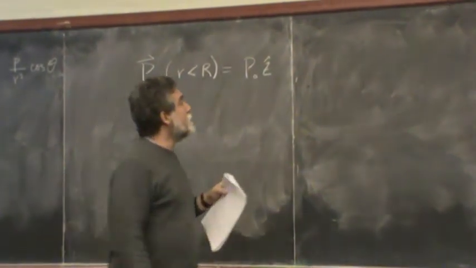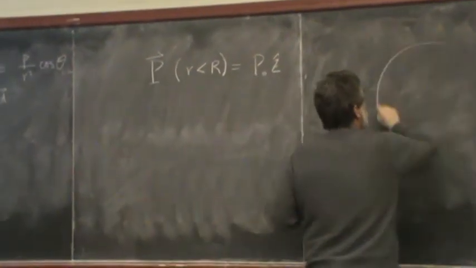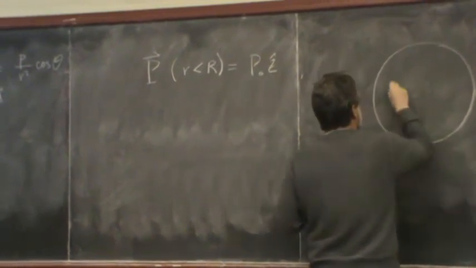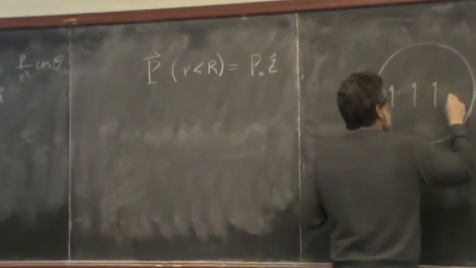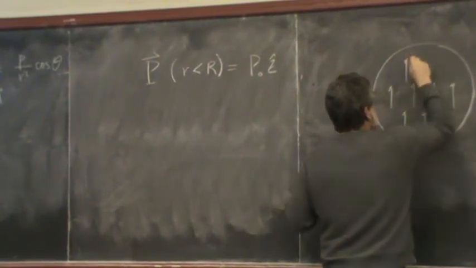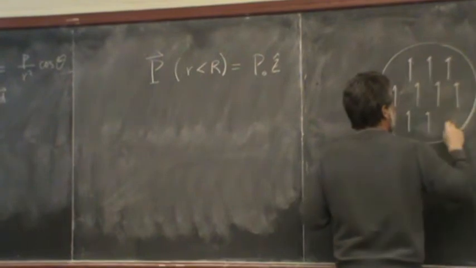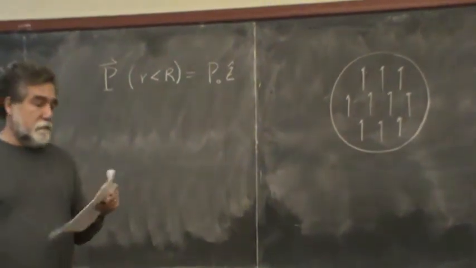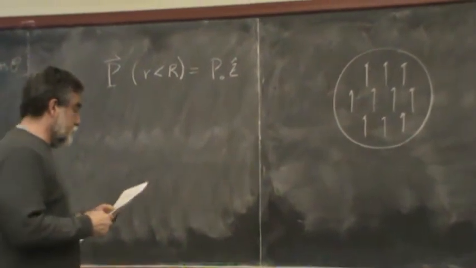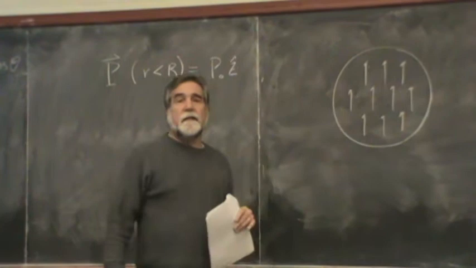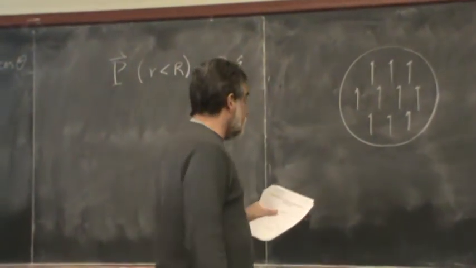So what I'm taking as my example is the situation where I've got a dielectric sphere that is uniformly polarized. Same everywhere inside of this material, inside the sphere.